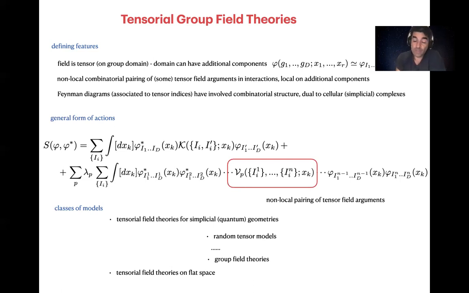Within this framework, we have a large variety of models. We're going to see several of them, and I will try to explain the relation to quantum gravity of these various models.